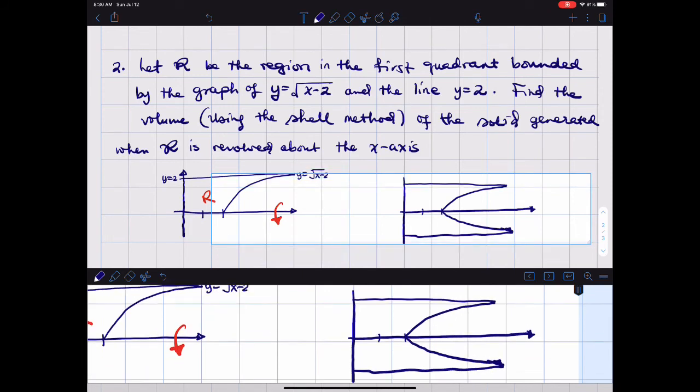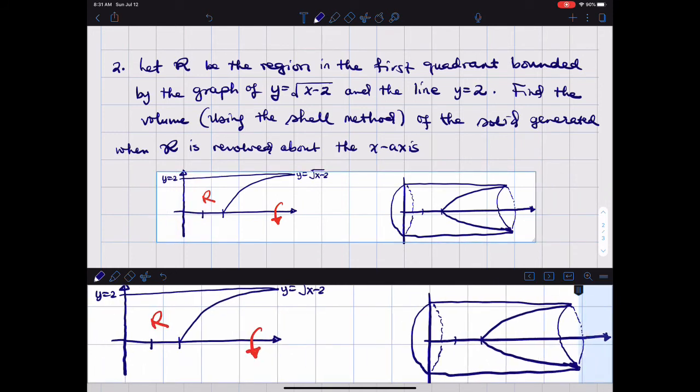And then we zip it up, making this like that. All right, so this is a solid.